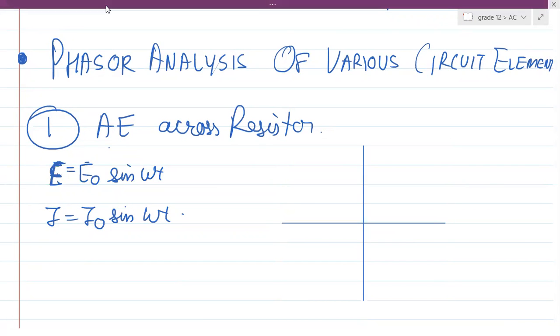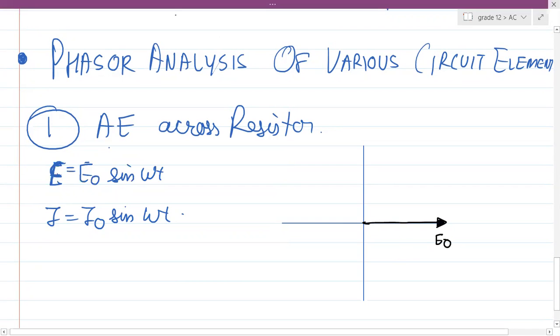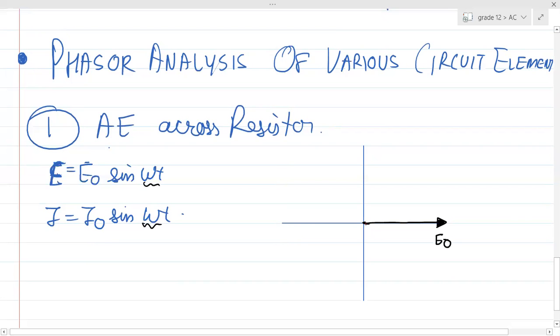So basically, I'll draw two different phasors. I'll draw one phasor of EMF. So can you see the black one? This phasor is basically of EMF. It will rotate with the same angular velocity. Can you see? Both phasors have equal angular frequency, but different value of I naught, different value of peak value, right? So can you see the red one as well?